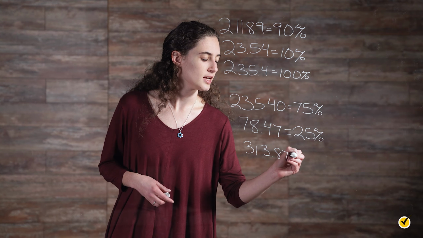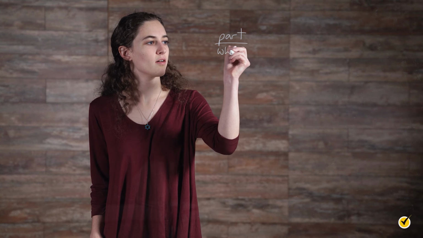We can figure out a percentage by simply dividing the part by the whole and then multiplying by 100. In this case, the percentage paid is the amount paid over the original price times 100.